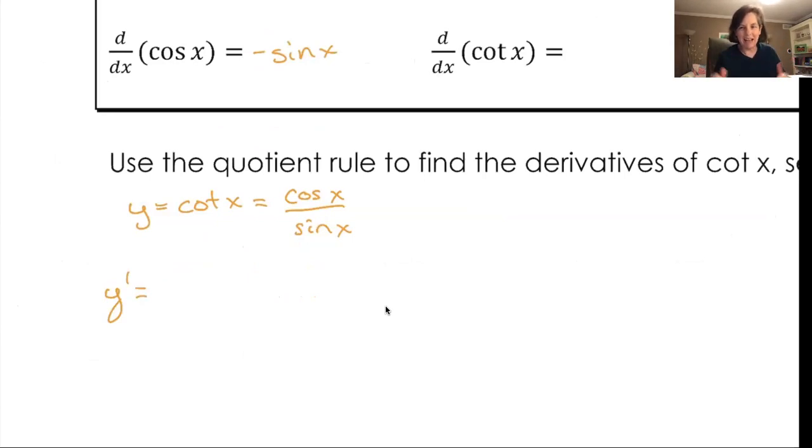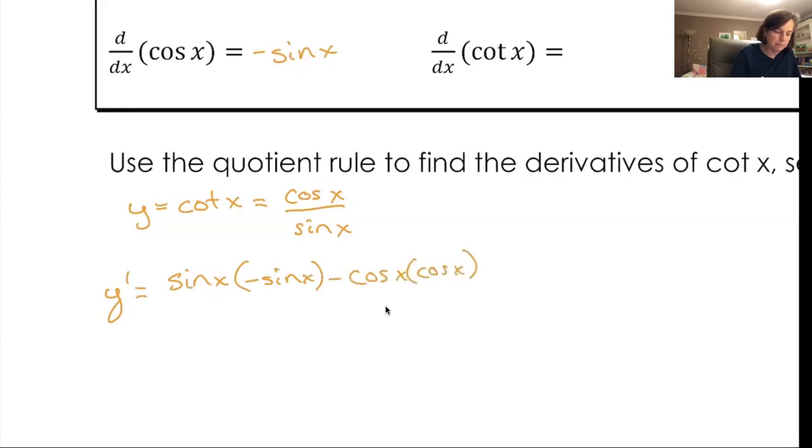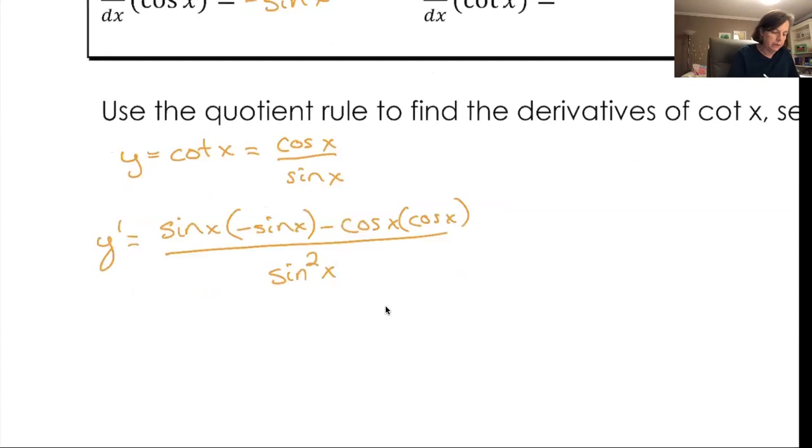Got to say that out loud till you know it good. All right, so low d high, derivative of cosine is the opposite of sine, minus high d low, derivative of sine is cosine, all over the square of what's below. So the square of sine of x.